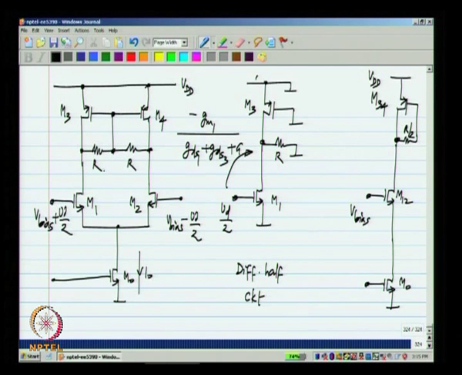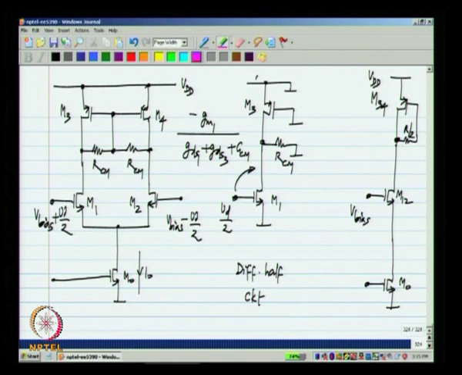Okay. Just to make it explicit that we put it there for common mode feedback, let me rename that RCM, and the reciprocal of that is GCM, and you can see that this GCM reduces the DC gain of the op amp. Okay. Normally, we would have got GM1 by GDS1 plus GDS3, which by the way is exactly the same gain that we get for a single ended single stage op amp.